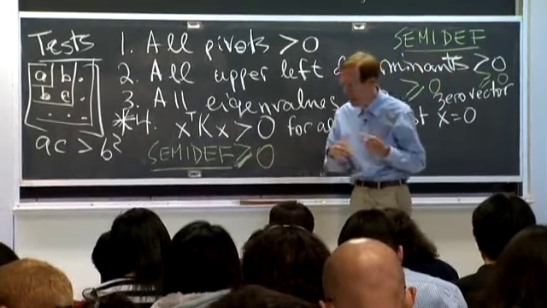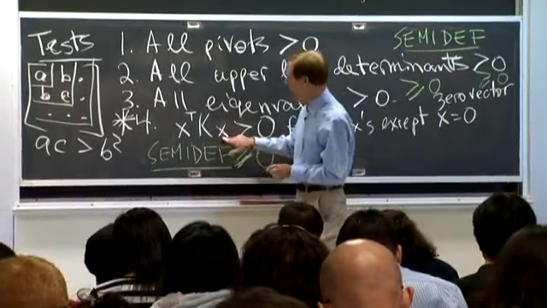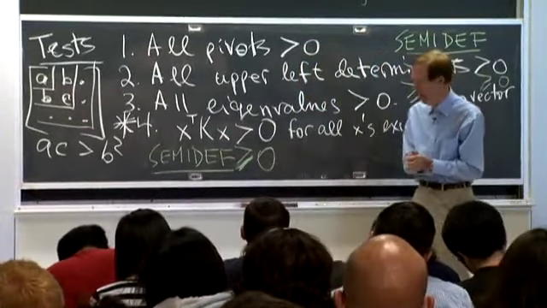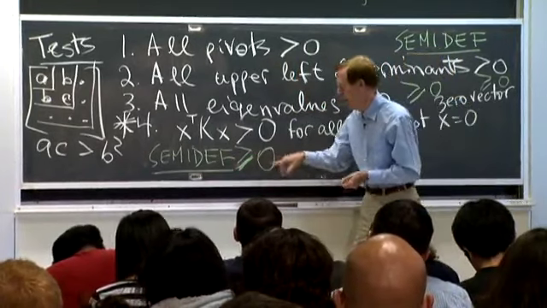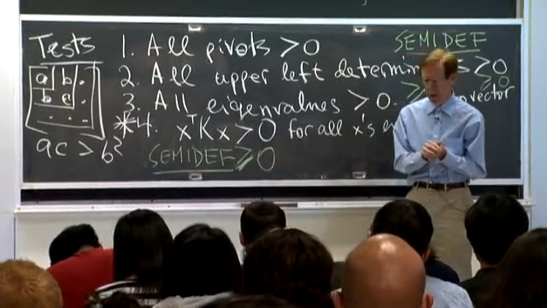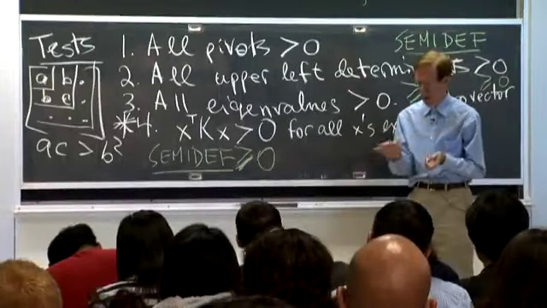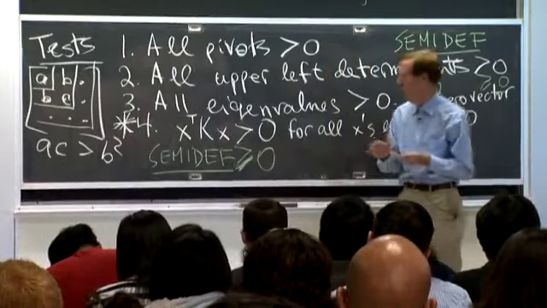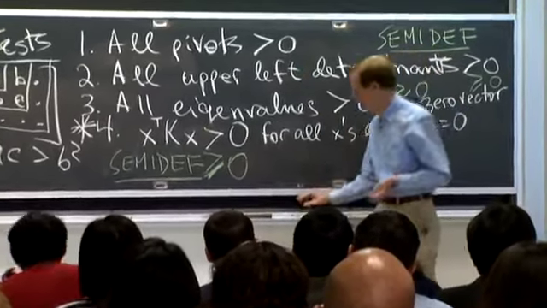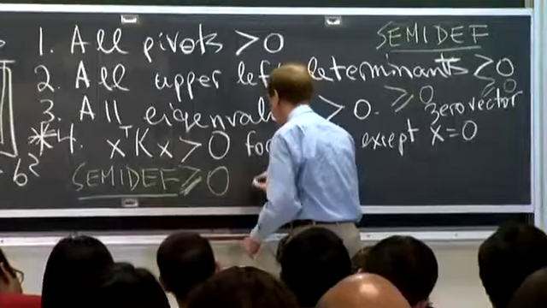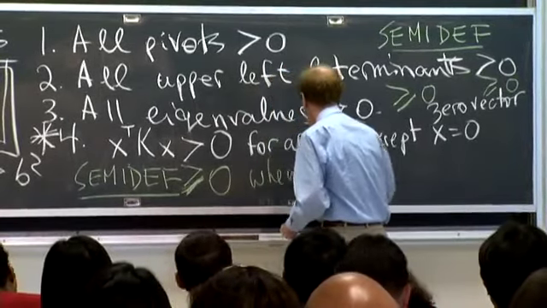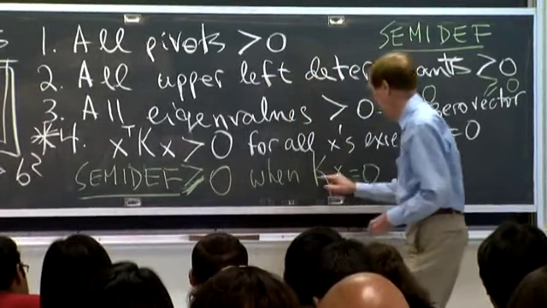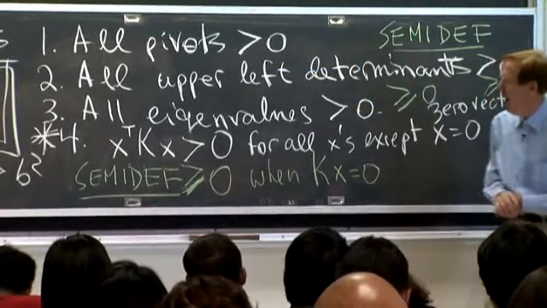If my matrix is actually singular, then there will be an x where kx is 0. And then, of course, multiplying by x transpose, I'm still at 0. So the zero energy guys, the ones where x transpose kx is 0, will happen when kx is 0.